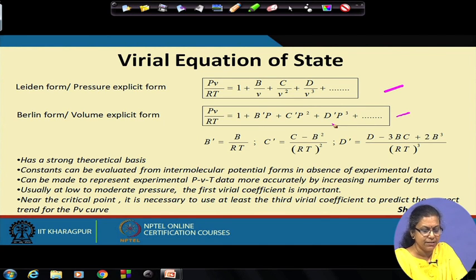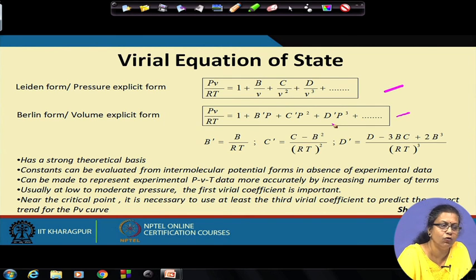The next thing is, for very low pressures and high temperatures, you can neglect all the terms, and PV by RT becomes equal to 1. So, it reduces to the ideal gas behavior. When it starts deviating from ideality, and the deviation is not very high, we can just include the first parameter here. When the deviations are still higher, we can include the higher order terms.